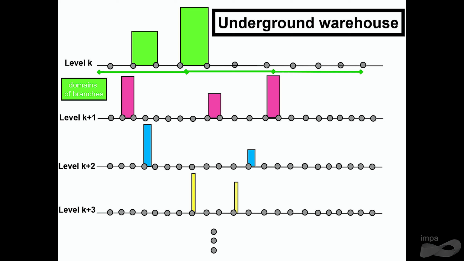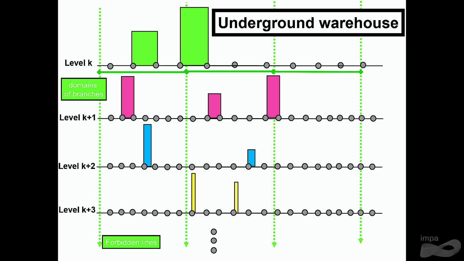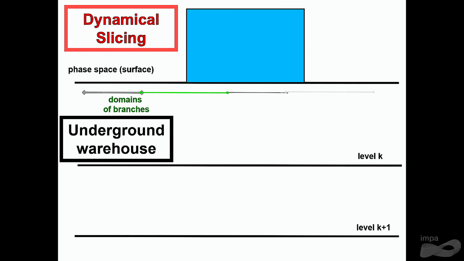So for instance, this big green brick upstairs intersects the frontier of an element of the domain. This is not permitted. You cannot put something like a brick here, not here, and another position. So what you do is the following.